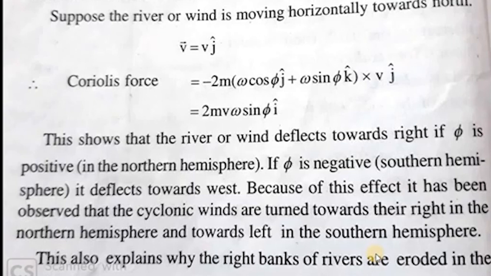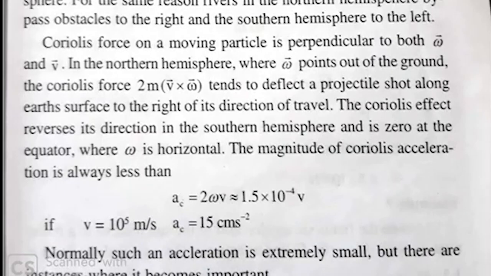And there is one more expected question. This also explains why the right banks of rivers are eroded in the northern hemisphere and the left banks of rivers are eroded in the southern hemisphere.